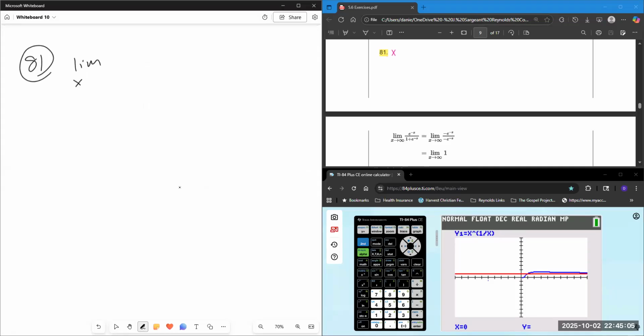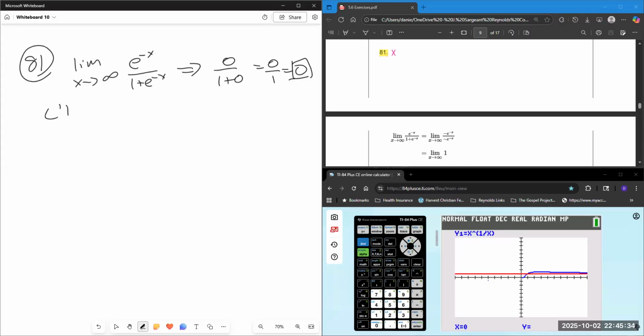Limit as x goes to infinity of e to the negative x over 1 plus e to the negative x. So when I try direct substitution, it's going to be 0 over 1 plus 0. 0 over 1 is 0, so that limit does exist. And I don't need to use L'Hopital's rule. I can just find it directly.